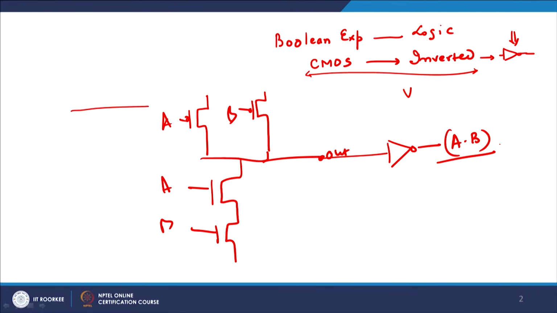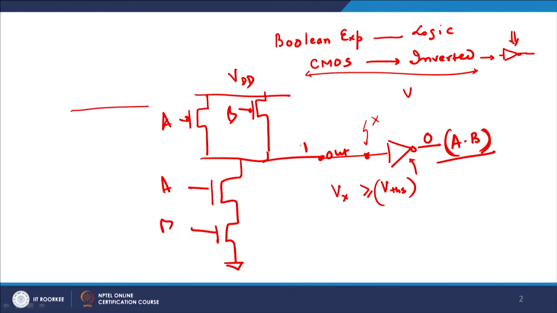But mind you, this is connected to VDD, and this is grounded. Let us suppose we name the voltage at this point X. If the voltage at X is greater than or equal to the switching threshold of this inverter, then only will you be able to detect A dot B. For example, I should get a 1 here and then a 0 here.